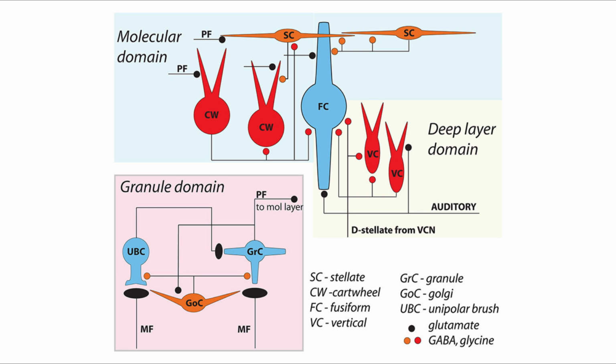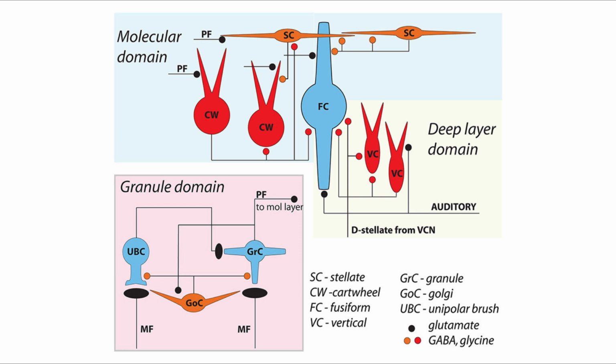Now back to the diagram, the D-stellate from the VCN, this refers to the inputs from the D-stellate cells in the ventral cochlear nucleus, and D-stellate neurons are glycinergic, so their projections provide inhibitory input to the fusiform cells.